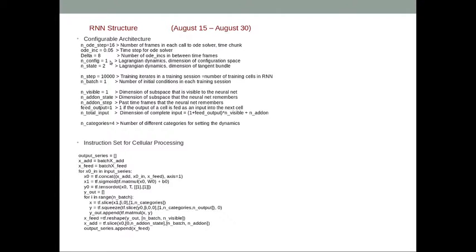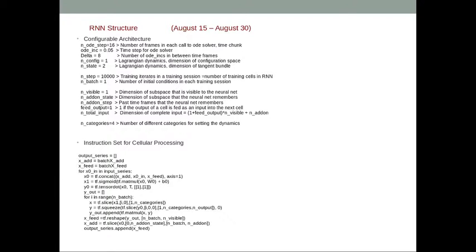Next we have the configuration of the dynamical space, the state space, where the dynamical system resides. We're basically doing this for Lagrangian dynamics, so we're calling this configuration space. N equals 1 represents a one-dimensional configuration space for the pendulum.